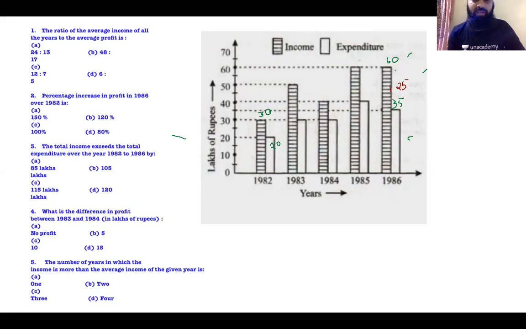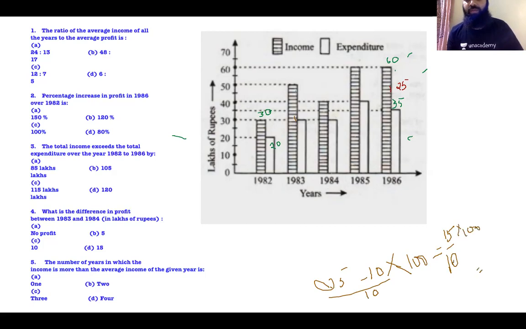So 10, 25, if I compare, 25 minus 10 divided by 10 into 100. So this will be 15 upon 10 into 100.